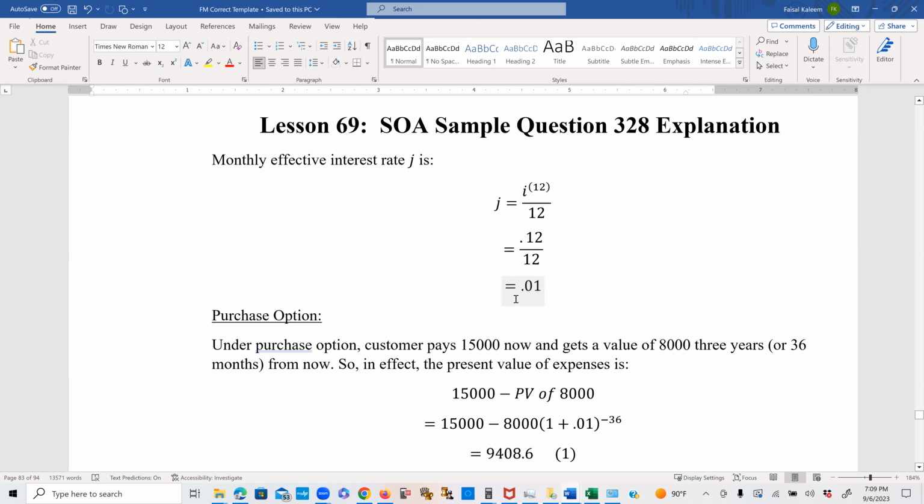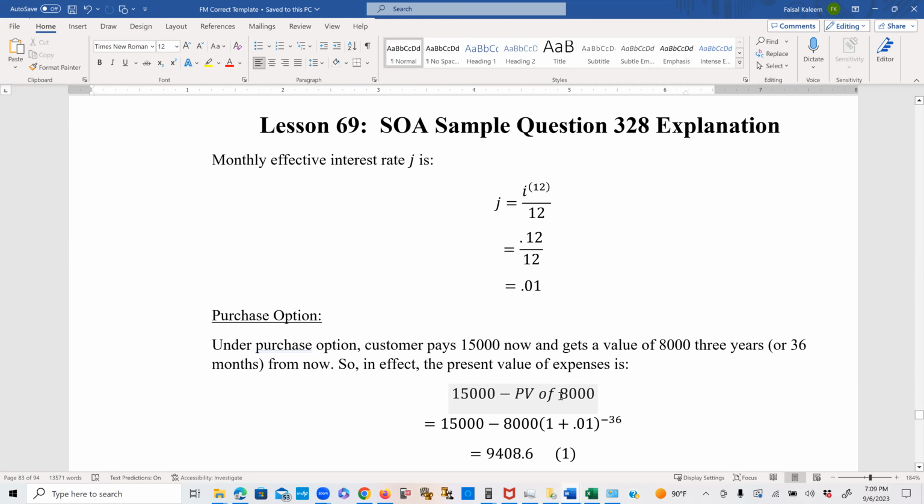So under the purchase option, you pay 15,000 now, and you get a value of 8,000 3 years from now, and 3 years is 36 months. The reason why we convert it to months is because we have the monthly effective rate. So the present value of your expenses will be the 15,000 that you expend now, but then you get back the 8,000 at the end of 3 years because that's its value after 3 years under this option.